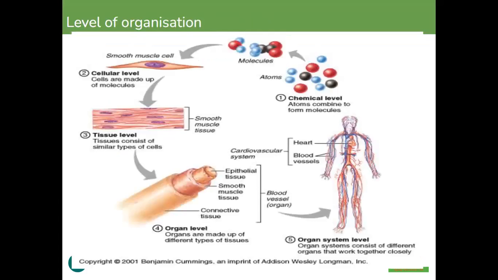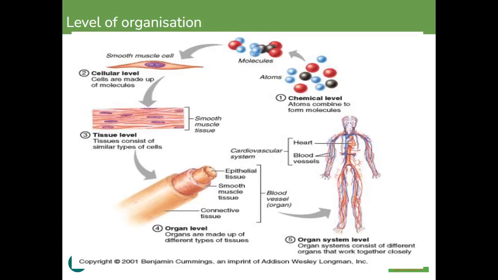So this is what we have just been describing. If you have atoms combined, they form molecules, and then the molecules, when they combine, they form complex compounds, and these compounds form a great deal of what is inside the cells. So the cells now can use these complex compounds or molecules to perform certain functions.